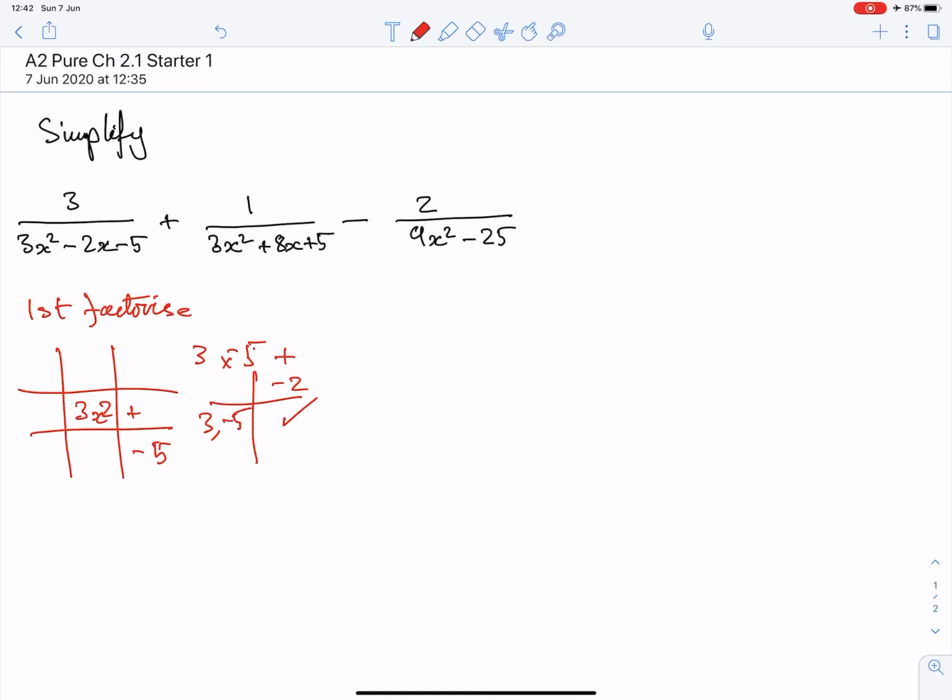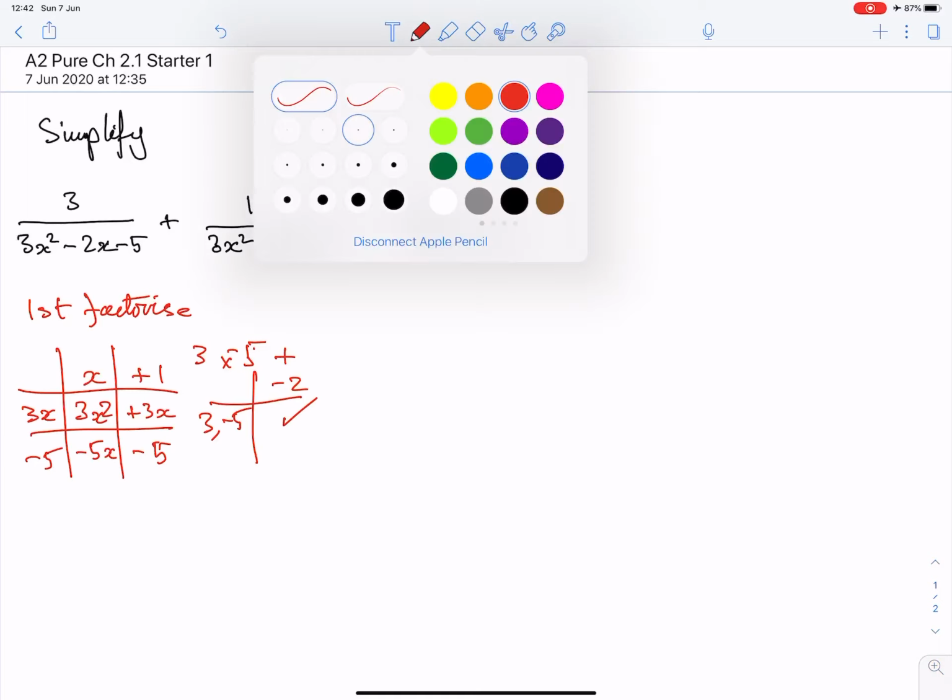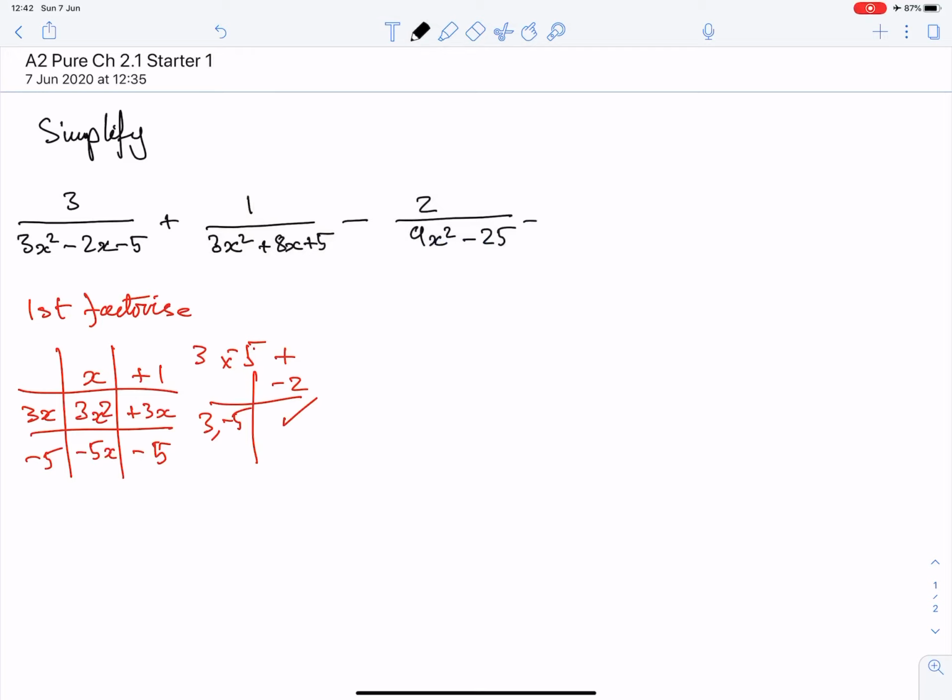So you can put plus 3x in, minus 5x in, factorise 3x, x plus 1 minus 5. So over here, we're going to get this is equal to 3 over 3x squared minus 5 and x plus 1 plus 1 over.